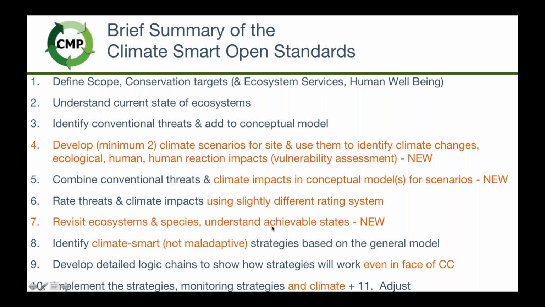And we're calling them achievable states because we think it is important to be realistic, not to say, well, this butterfly, according to scientists, there's not a lot of hope for keeping it here, but our goal is that we're going to quadruple the population of this butterfly. We need to be a little more realistic about what we can achieve. So you still have the step, it's just later, and we've just changed what we're calling it a little bit.